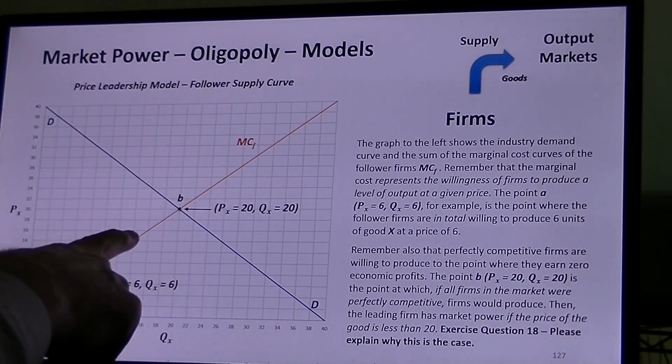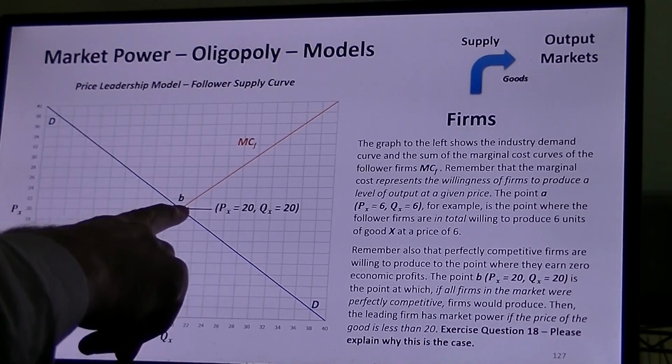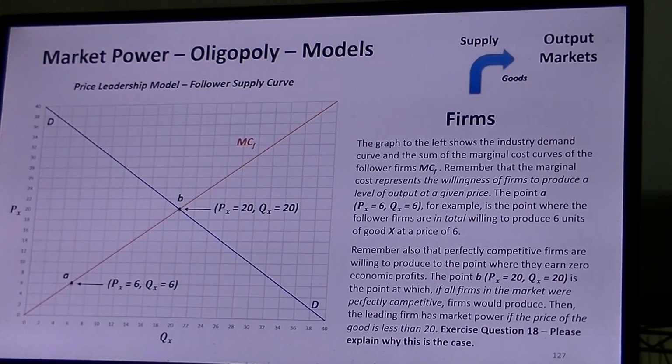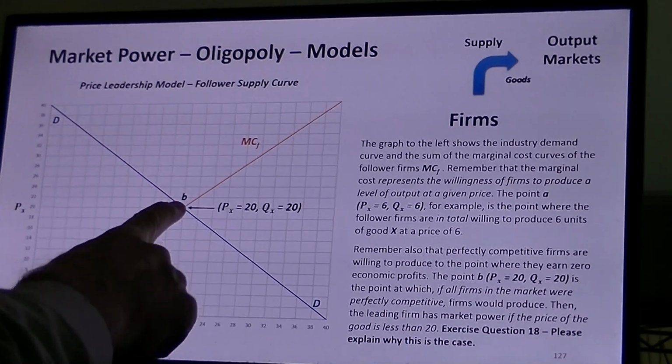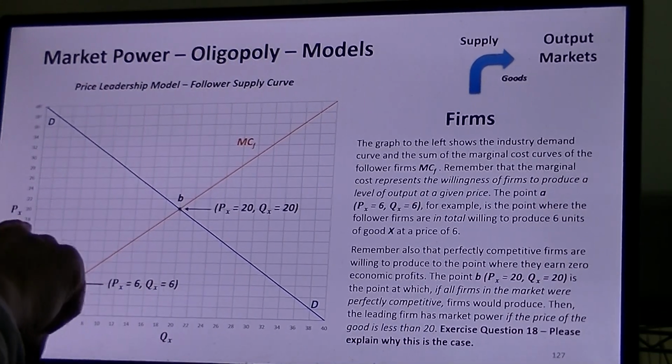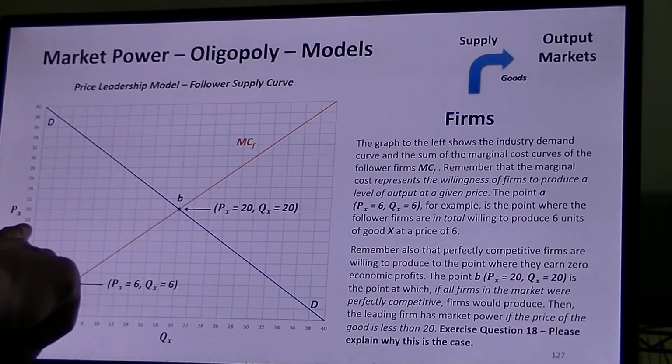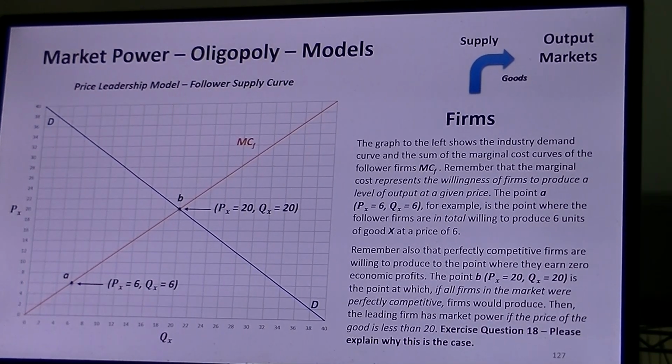If the price of the good is less than 20, the firms are willing to produce less than 20. So the leading firm, because they have market power, can set their price. Remember, that's what market power means.